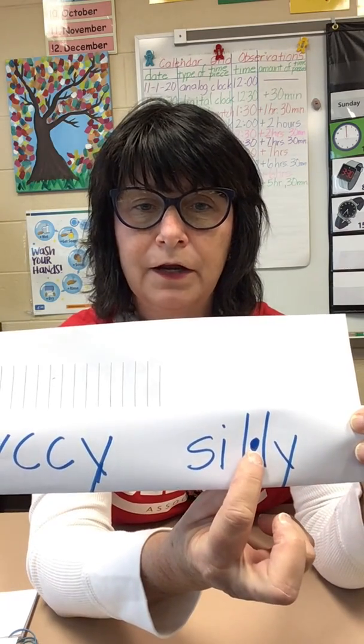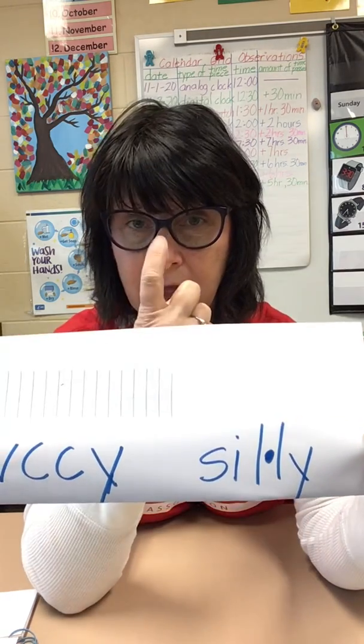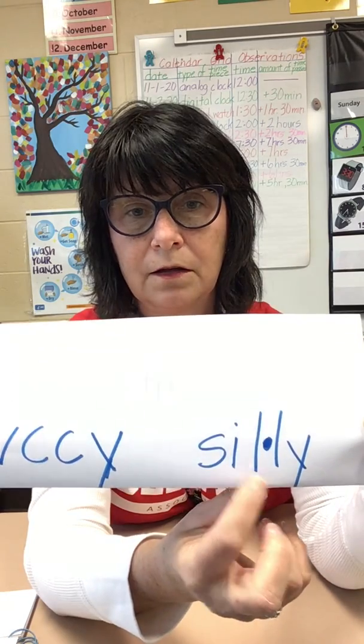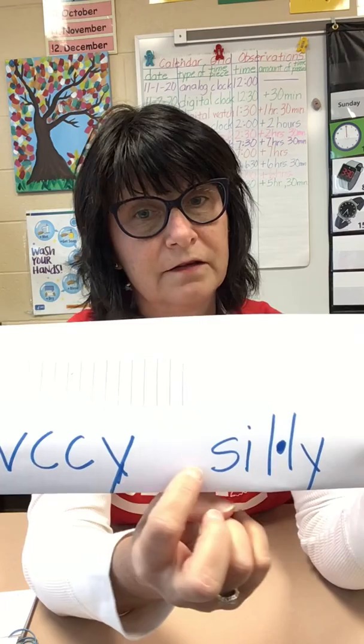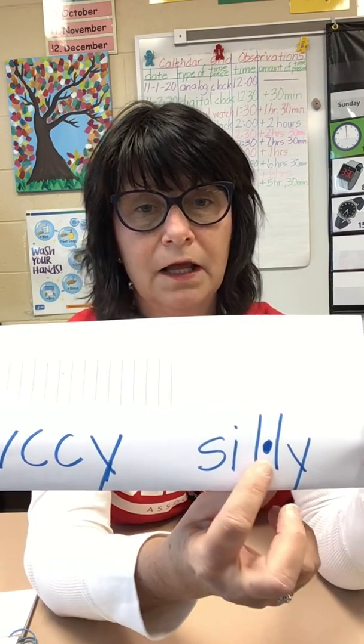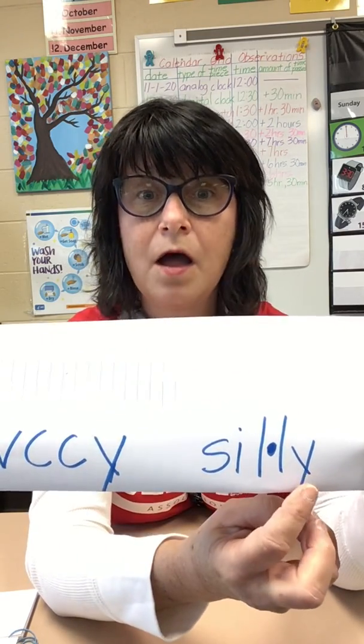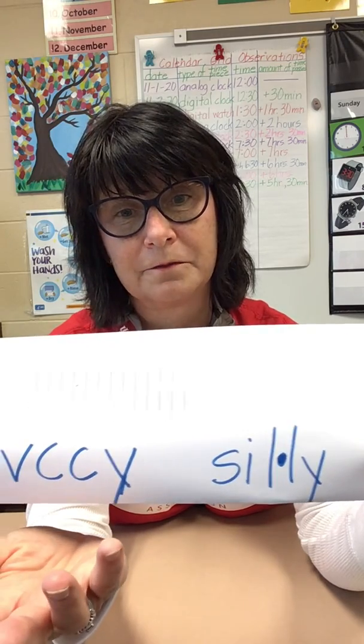So I'll divide it here, and I'll do s, i, l, and I know this suffix is ly. I've seen that before. S, il, sil, ly. Silly. Oh, I knew that all along.